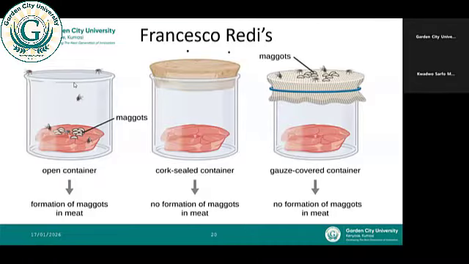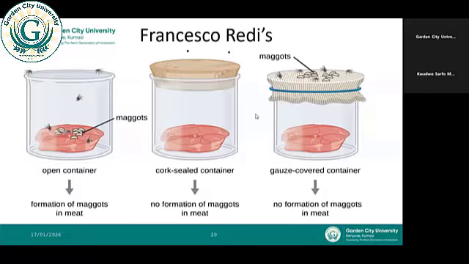It was because of the exposure of the meat to the flies and the air. Then he put another meat in a container, this time sealed. Because the flies could not get access to the meat and microorganisms were prevented from having contact with the meat, it stayed sterile. So this was not spontaneous.